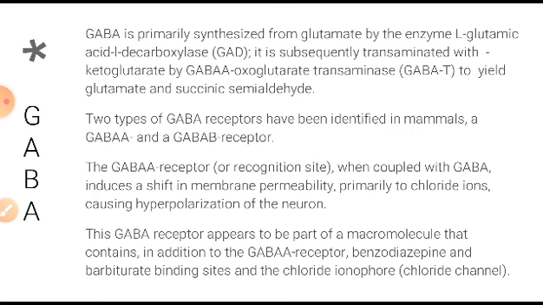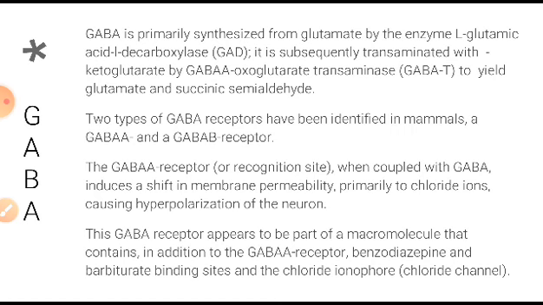Two types of GABA receptors have been identified in mammals, GABA-A and GABA-B receptors. The GABA-A receptor, when coupled with GABA, induces a shift in membrane permeability, primarily to chloride ions, causing hyperpolarization of the neuron. You might remember the description given in the chapter on sedatives and hypnotics.